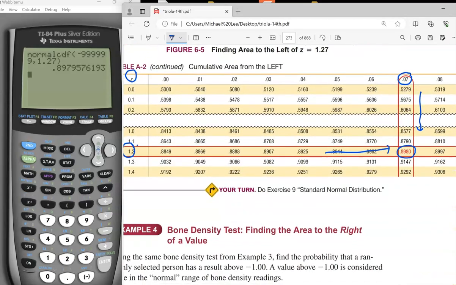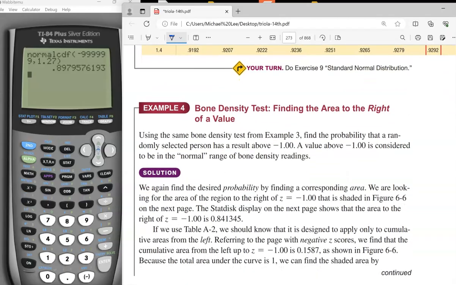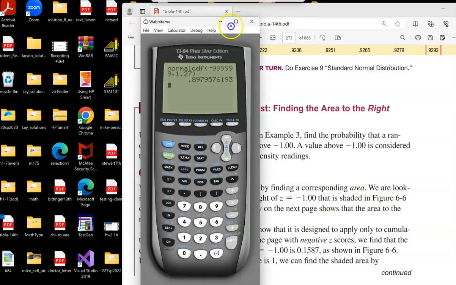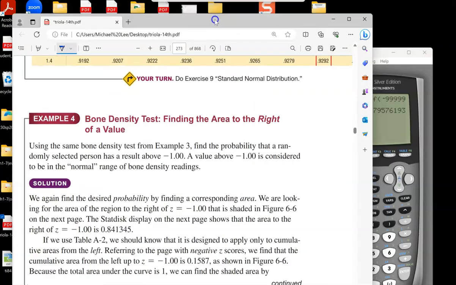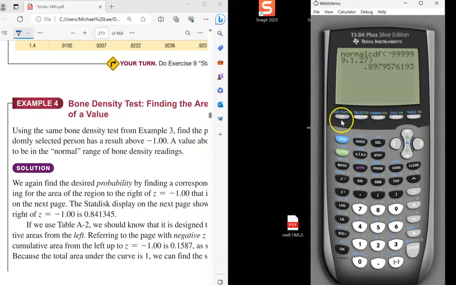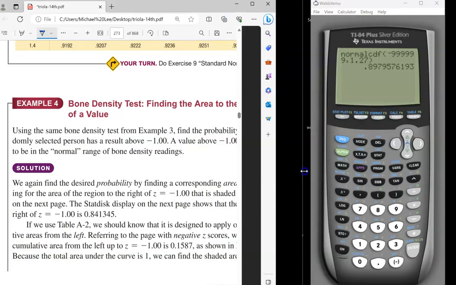So let's see if they have another practice here. How about they want you to find bone density between -1 and +1.